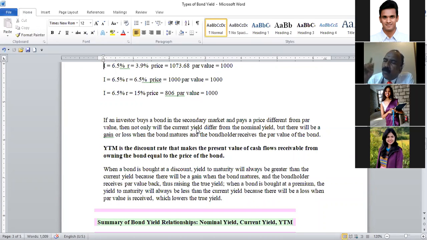While you are calculating the price of the bond, you will be given the yield, the rate of return. With that rate of return, you will have to calculate the price of the bond. But here, the price of the bond will be given. You will have to calculate the yield, that is R. At what rate both are equal, that rate is called yield to maturity.